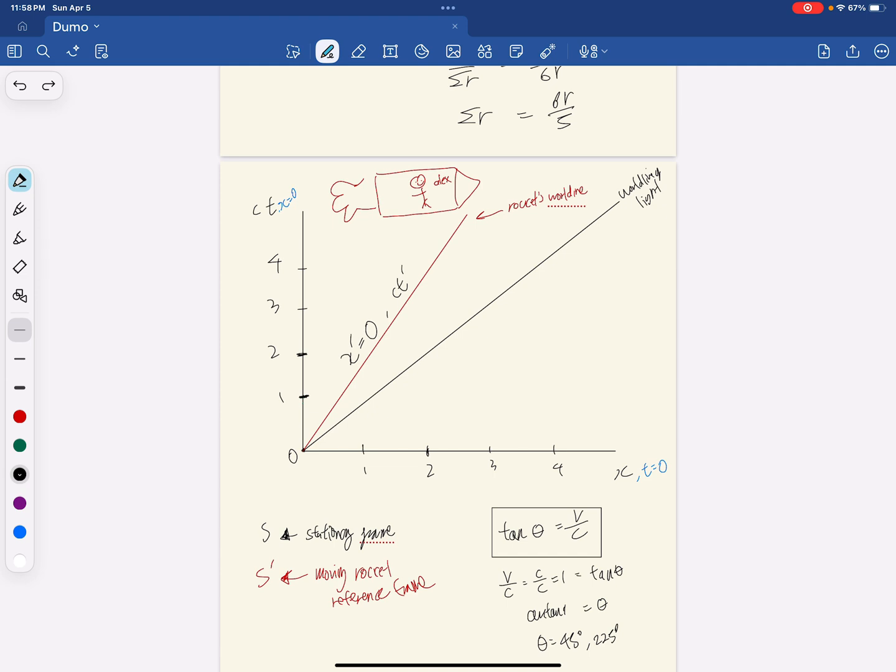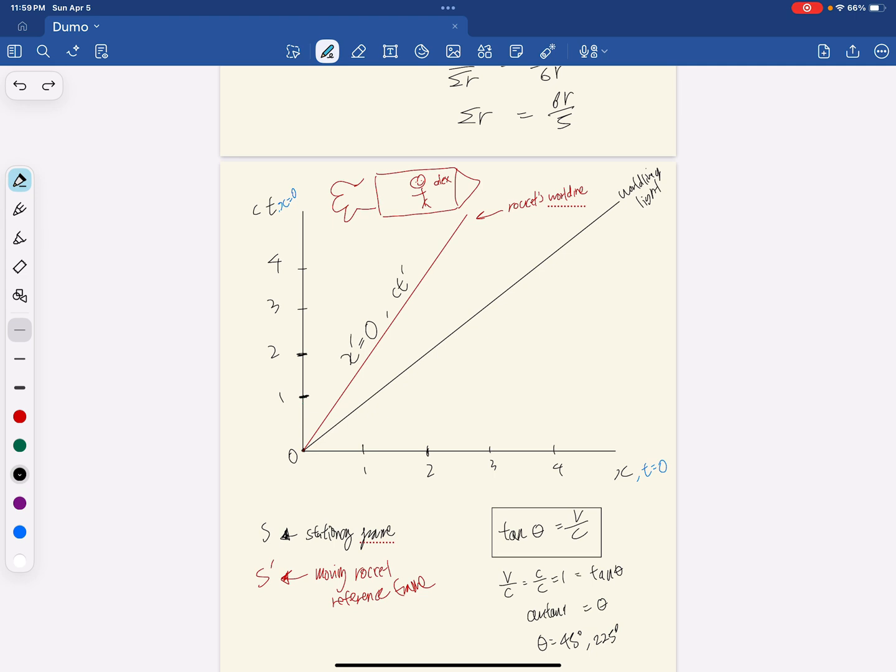Okay, then how do I find the x prime axis? I wish I had a better explanation for this, but fortunately not yet. It has something to do with light having to be the same speed in all reference frames.